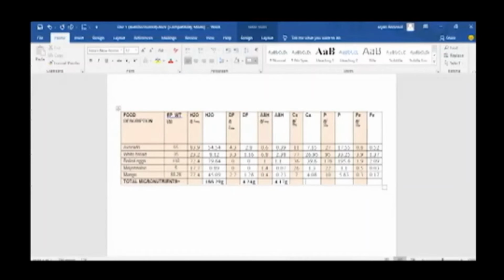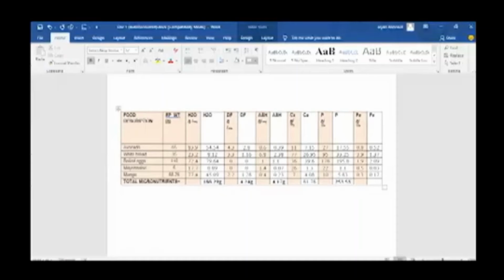Then we have 7.15 plus 26.95 plus 39.6 plus 1.3 plus 4.08 is equal to 81.78 grams. Then for phosphorus you have 17.55 grams plus 33.25 plus 195.8 plus 1.1 plus 5.83 is equal to 253.53 grams. Total of phosphorus.